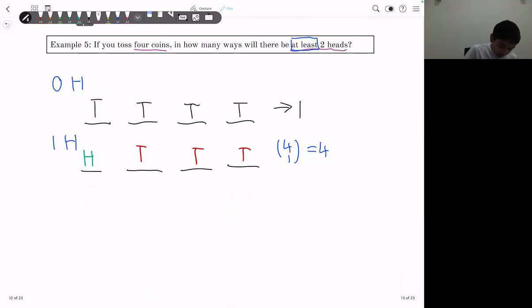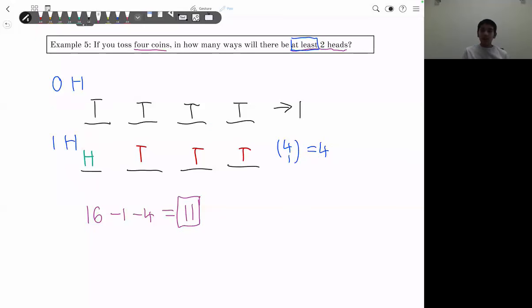So our final answer would actually be 16, the total number of ways, minus 1, minus 4. Because these are the number of ways to have 0 or 1 heads, to not have at least 2 heads, to have less than 2 heads. So this will just be 11. This is the final answer for this problem.